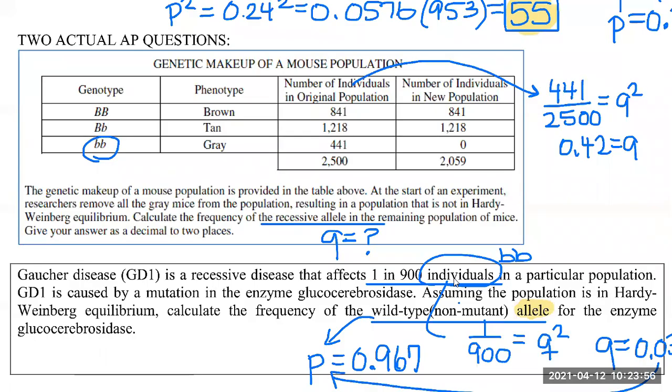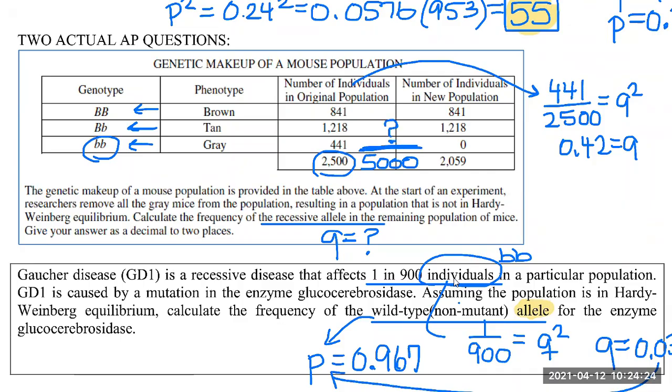What do I mean? Well, if there's 2,500 individuals, isn't it true each individual has 2 letters? So how many letters are in the population? Well, in this population, there would be a total of 5,000 alleles or letters, right? What Q really is, is how many out of those 5,000 letters are little b?